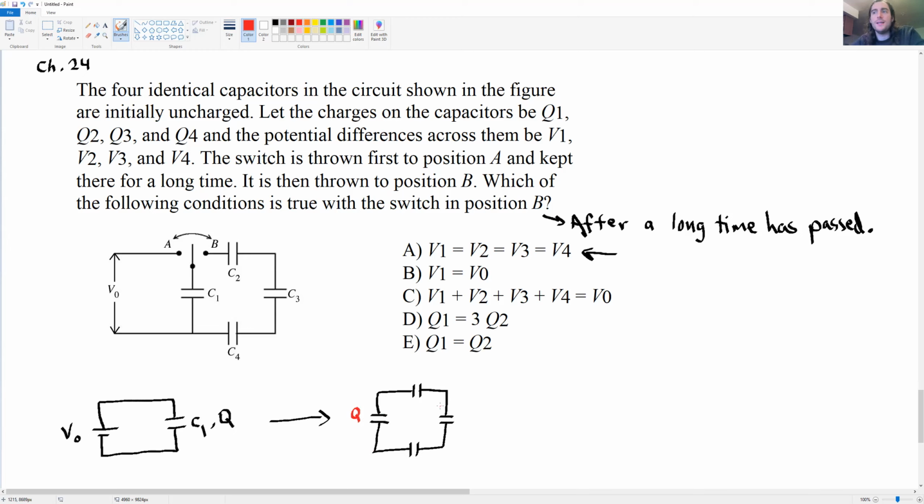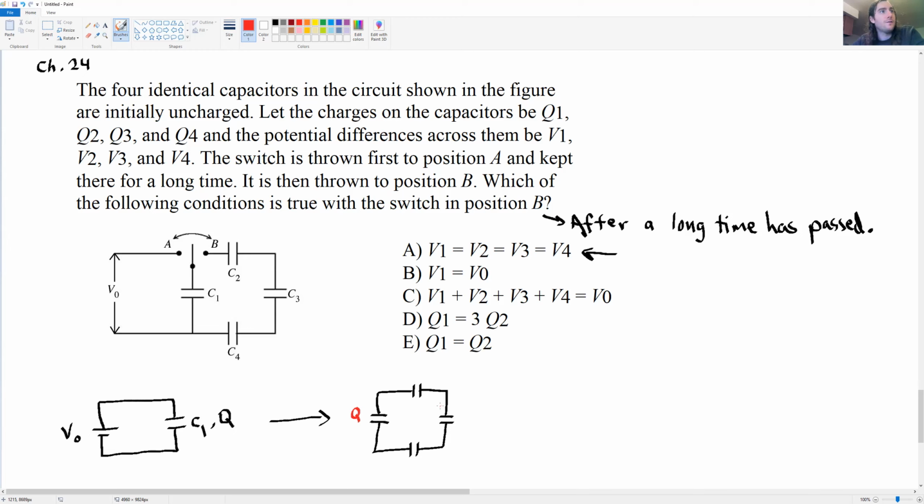What's going to happen is that charge is going to distribute itself amongst the other capacitors. If this capacitor has a charge Q on it, then that means it has a voltage on it, right? And the voltage on that capacitor is going to start a current flow in this circuit here.